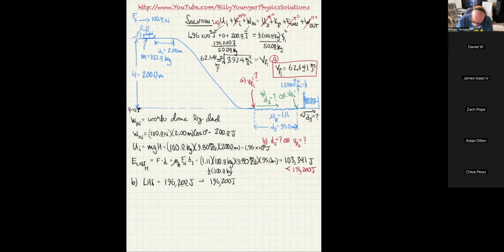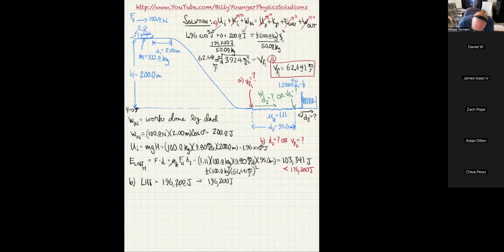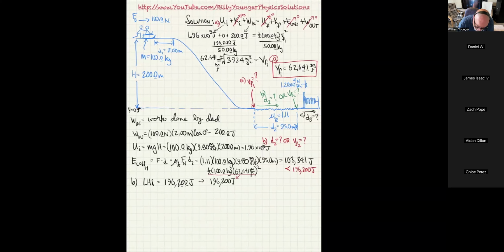So we're going to say basically the left-hand side is just due to the kinetic energy that the sled system had just before it entered the rough spot. So that's going to be 1/2 times 100 times our speed that we got, which was 62.641 meters per second, squared. That's the left-hand side, and therefore all this is that number. Now, what we're going to have is the right-hand side, which is UF, putting my macro back on, UF is equal to 0.